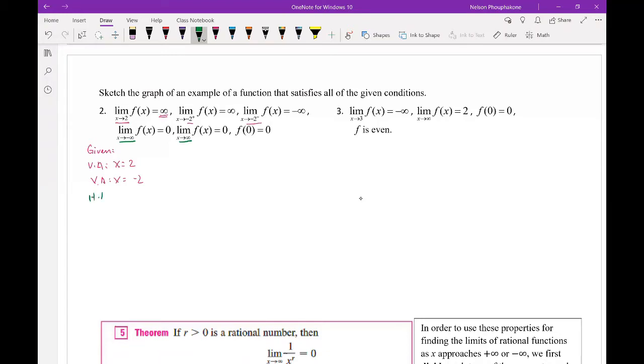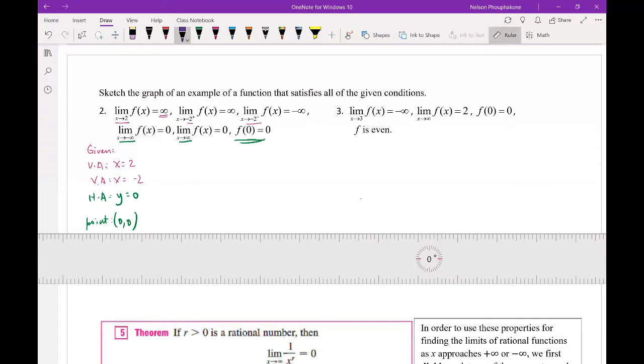So I will have the horizontal asymptote is y equal to 0. And of course, this one right here is telling me that I have a point on the curve, (0, 0). Okay, so let's see how we actually graph this then.